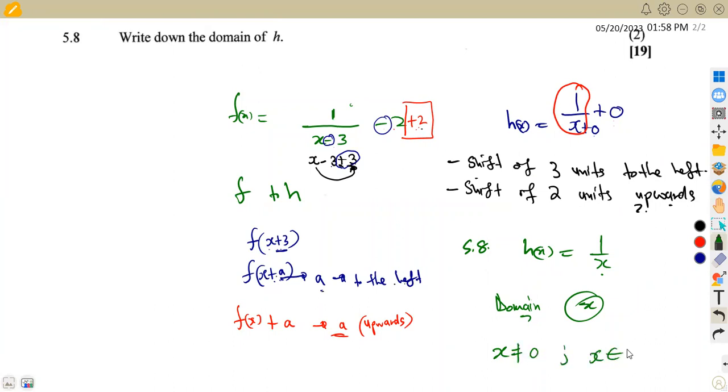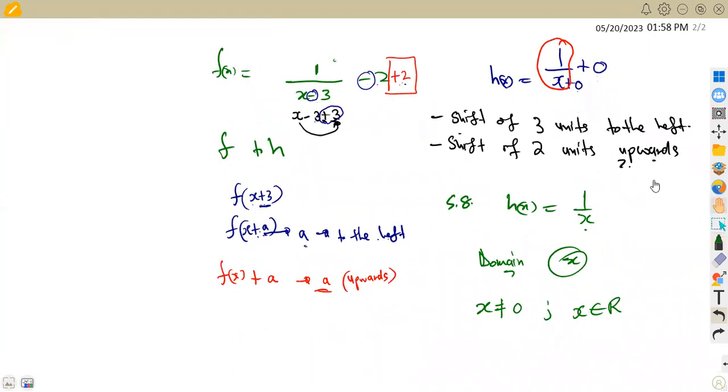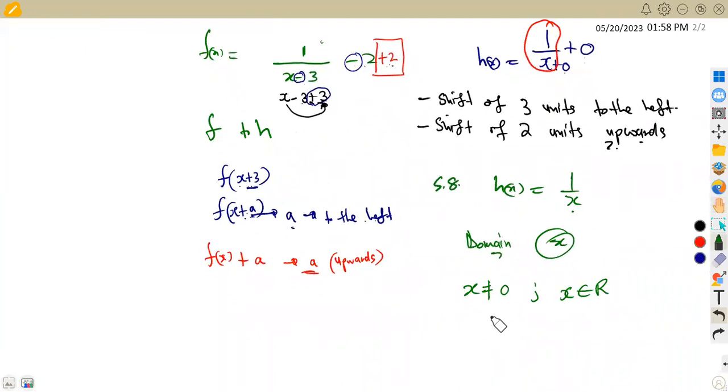That means x can be taken from negative infinity up to positive infinity, but on one condition: x can never be equal to 0.